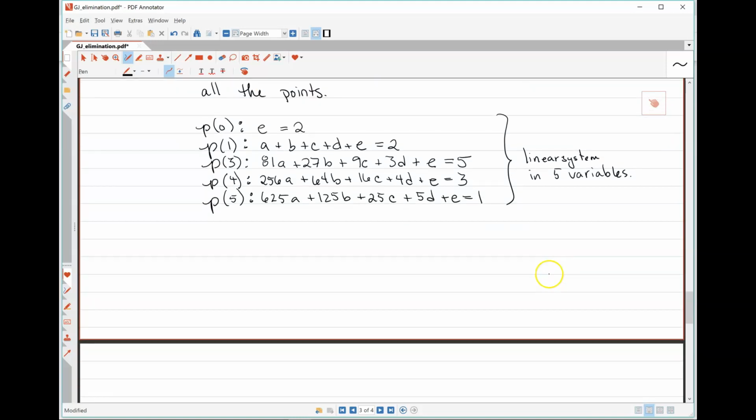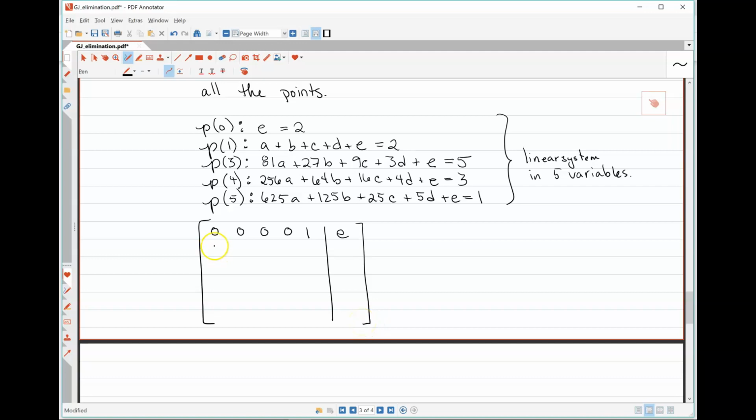Now, once we have this linear system set up, we can turn this into an augmented matrix that's going to have 5 rows, 1 for each of the points, and 5 columns, 1 for each of the variables. For this first equation, the coefficients of a, b, c, d are all 0, and the coefficient of e is 1. And then my right-hand side is 2.